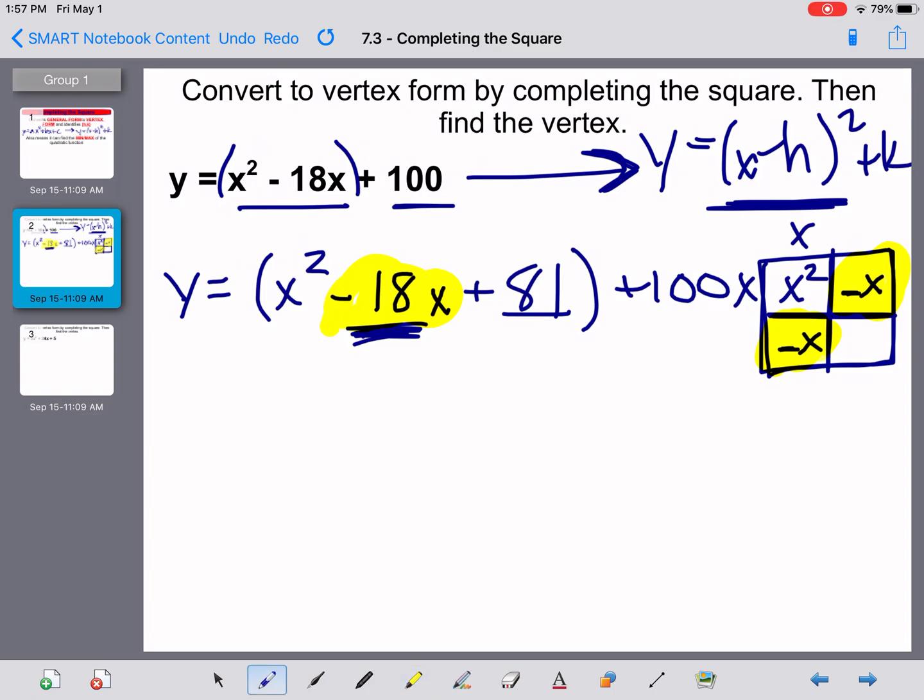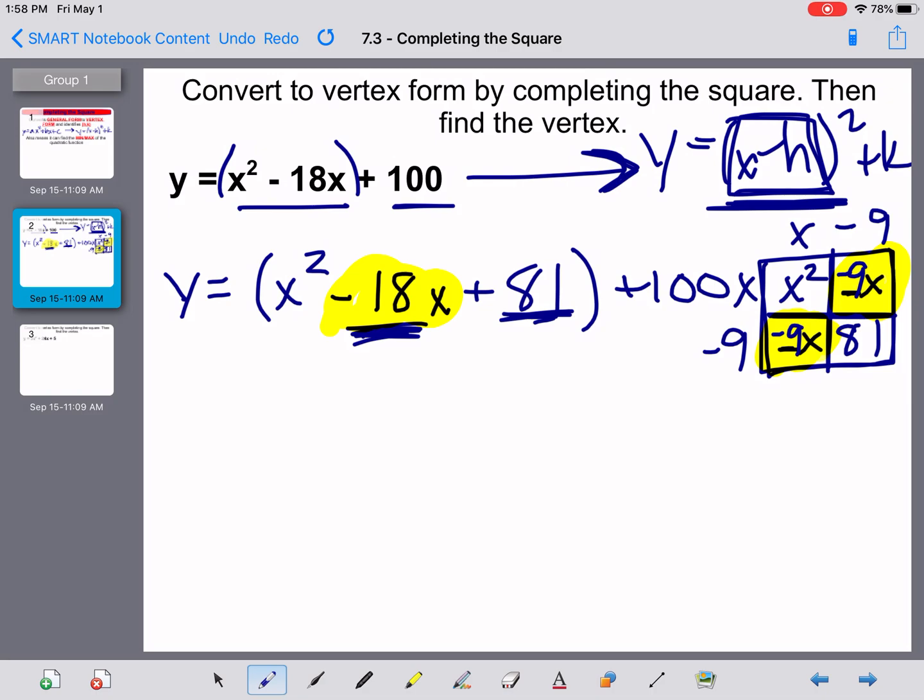So hopefully you can see, if I have negative 18, that means this has to be minus 9 minus 9, right? Negative 9x and negative 9x gives me negative 18. So that is this chunk right here. But I'm not done, because in order to have that whole thing, I need a c value. Well, you see how I get my 81: negative 9 times negative 9, there's 81.